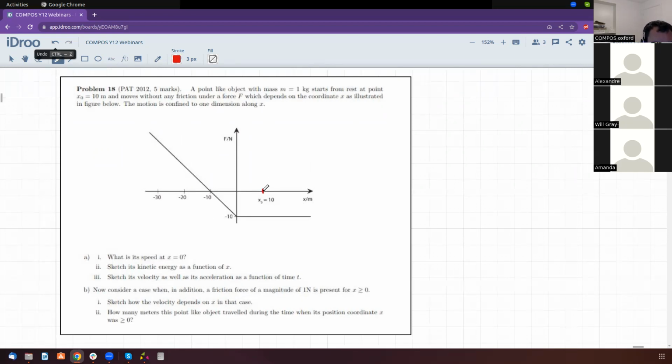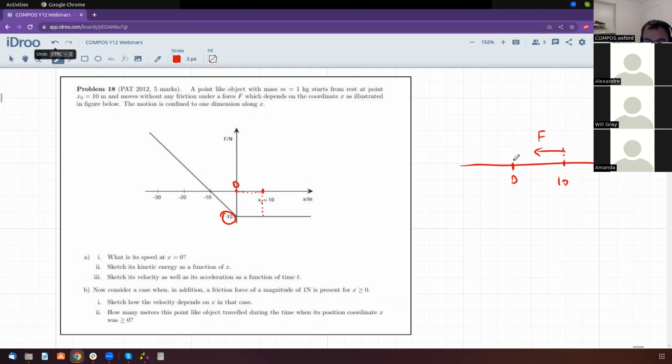So what happens? The body starts at x equals 10 meters, and as you can see, the force is backwards. Basically, this is 0, this is 10 meters, and you start with the force, which is backwards, F, which is minus 10. As it moves this distance, as it moves to 0, work is done.